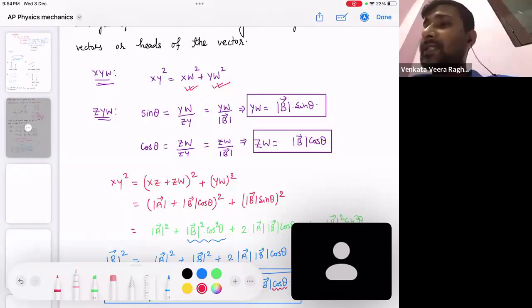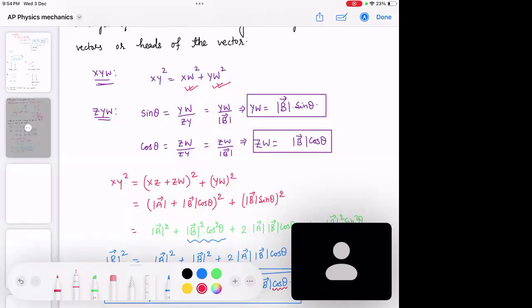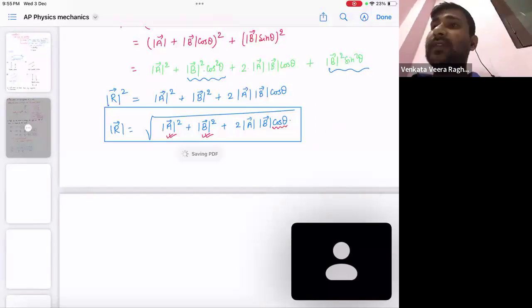So this is about the resultant of two vectors. One is called the graphical method, the other one is called the mathematical method, for addition of two vectors. Is that clear?